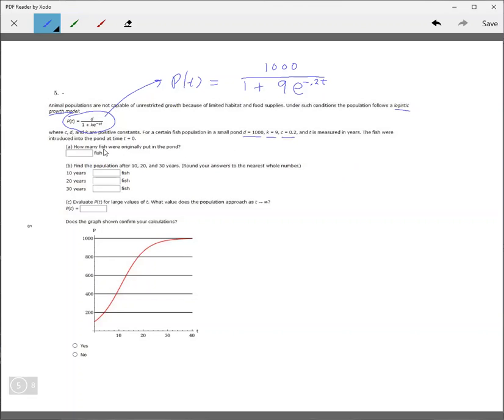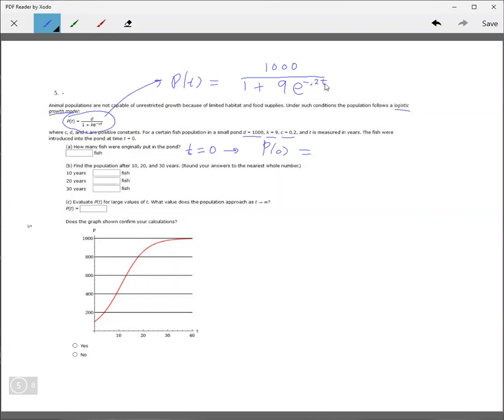Okay, great. So the questions are, how many fish were originally put in the pond? So this is when T is 0. What do we have when T is 0? Now for this one, what you can do is just plug a 0 in here. That's not too hard to plug in. It's also written as P of 0.